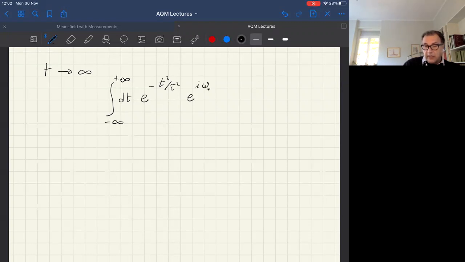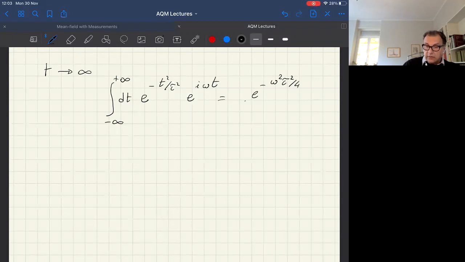In general it will be ni, okay? In this case, it's just h bar omega, or omega, okay? It will be just i omega t. These are Gaussian integrals, which are known, and the result is e to the minus omega squared tau squared over 4.